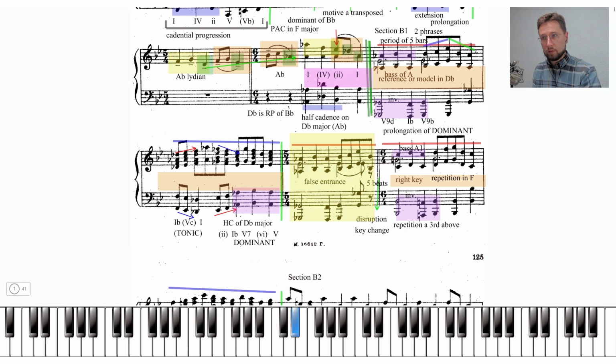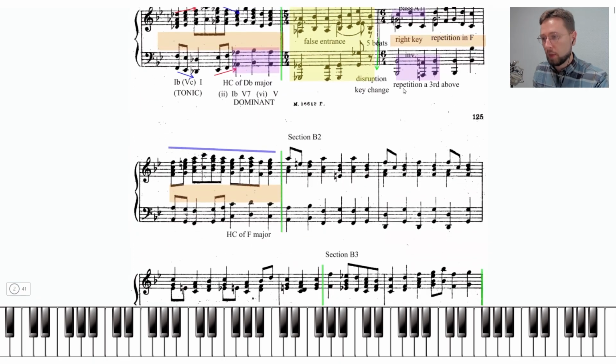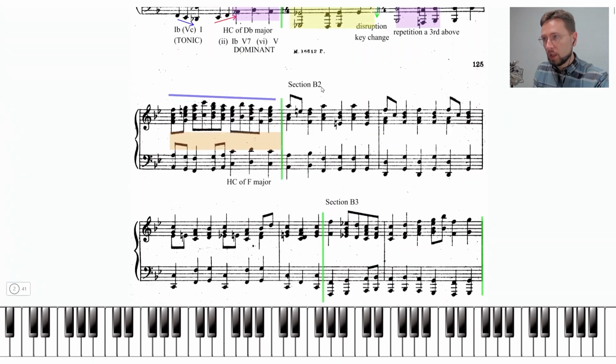It's like that. So the real harmony is a prolongation of the dominant, and that dominant continues. So we have just the A flat dominant, and then we have this C, that's the dominant of F major. So C dominant, that's the dominant of F major. Right, section B2. Section B2, it's a new one, and sounds like this.